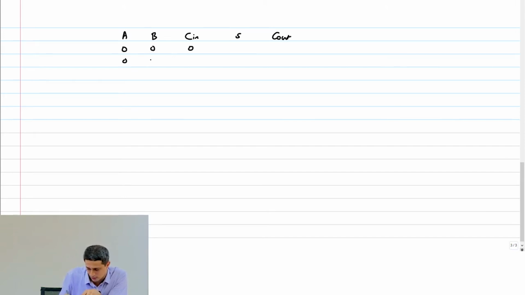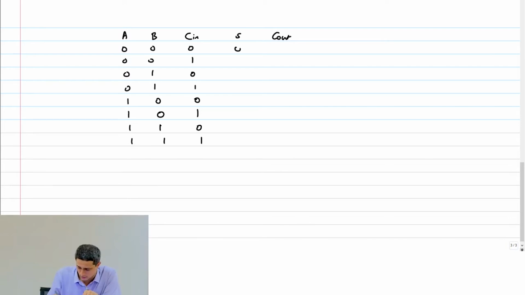So now let's go back again to our truth table. A, B, C in, sum, carry out: 0, 0, 0, 0, 1, 0, 0, 1, 1, 1, 0, 0, 1, 1, 1, 1, 0, 1, 1, 0, 1, 1.